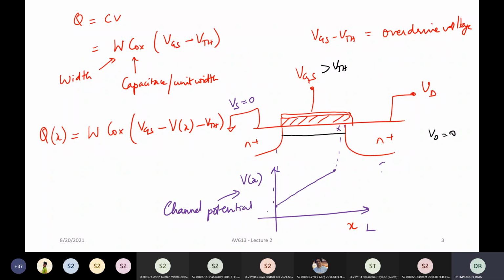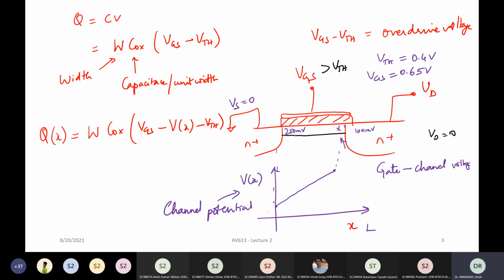So let's think of what is called the gate to channel voltage difference. Okay. So at this point, here you're going to have a little lower gate to channel voltage because here it is going to be, let's say, 100 millivolt. And let's say your VTH, let's put some numbers so that it's a little clearer. Let's say the VTH is 0.4 volt. And let's say your VGS is 0.65 volt. Okay. So here the gate to channel potential is going to be 250 millivolt, right? Or rather, VGS minus VT directly comes here.